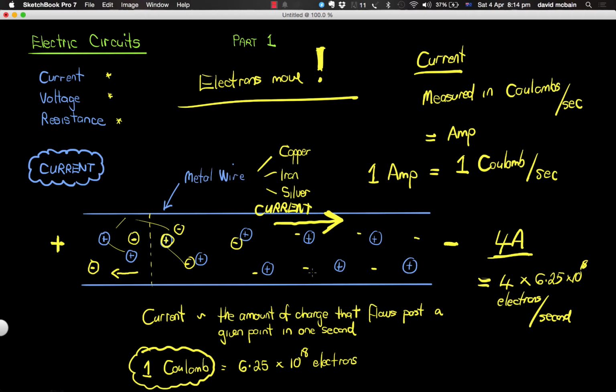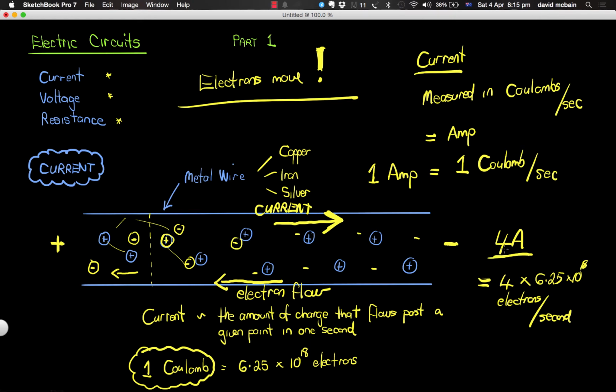But we actually know that it's the electrons that are moving, in this direction. And we call that the direction of electron flow. So there's two directions to be aware of: the direction that positive charges would move, which is a hangover from a historical past and confusion back then, and the direction of electron flow, which is the way the actual electrons are moving.